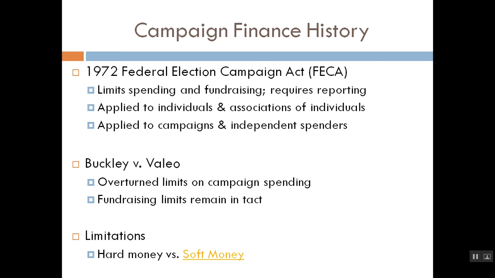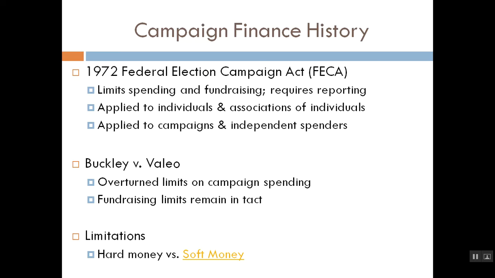So the rule after Buckley versus Valeo is that people like Bloomberg or Donald Trump are allowed to spend as much of their own money as they like trying to win an election. The limits on the amount of money they can accept from a single donor are left intact, however, because the Supreme Court tells us in Buckley versus Valeo that it makes sense to try and limit the amount of money that a candidate can accept from a single donor in order to keep that donor from buying too much influence.